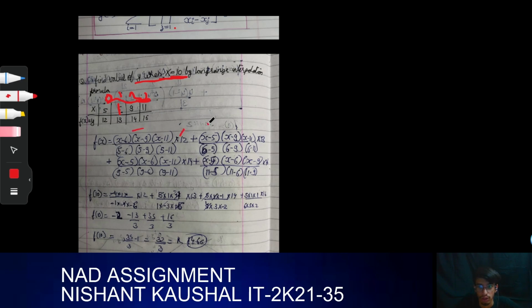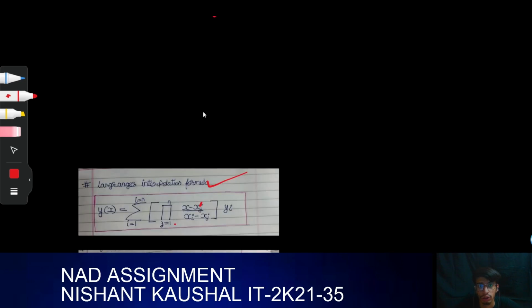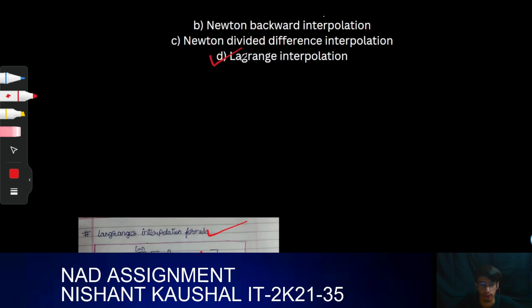Similarly, we have done this for the others, and after solving this whole equation, we will get the value 14.666, right? But if we want to find the value at, let's say, x equals 12, we can solve it using this formula only. Just in place of x, put the value 12, and we will find the value of the function outside the data points. So its answer will be D, Lagrange's theorem.